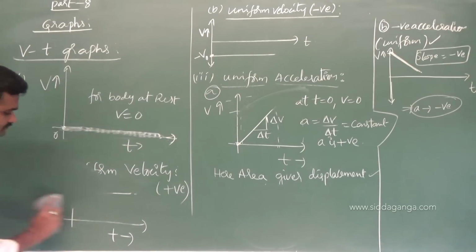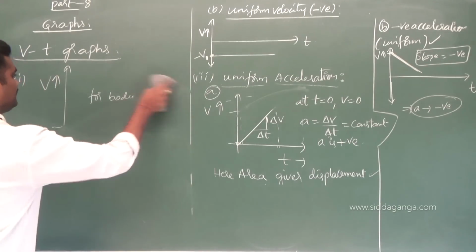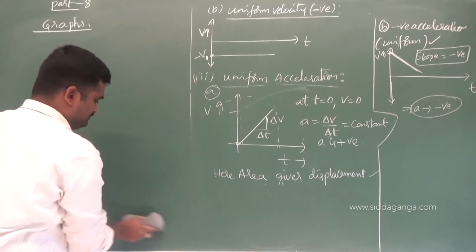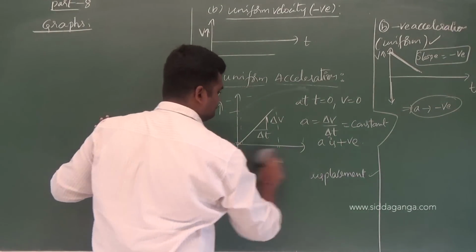Now let me plot the graph for AT, acceleration and time. Graph between acceleration and time.